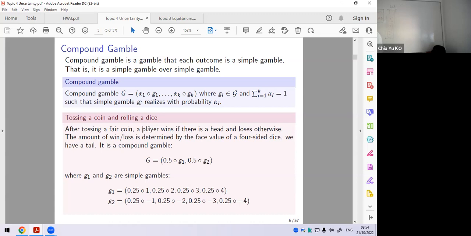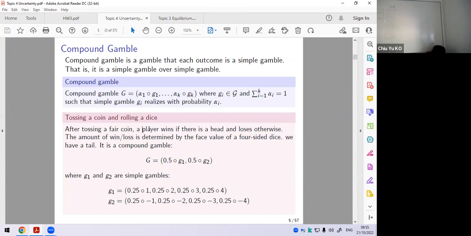This is the two-step, right? The other way to write that is Gamble 1 and Gamble 2. Gamble 1 means win 1, 2, 3, 4. Gamble 2 means lose 1, 2, 3, 4. So it's a lottery over these.